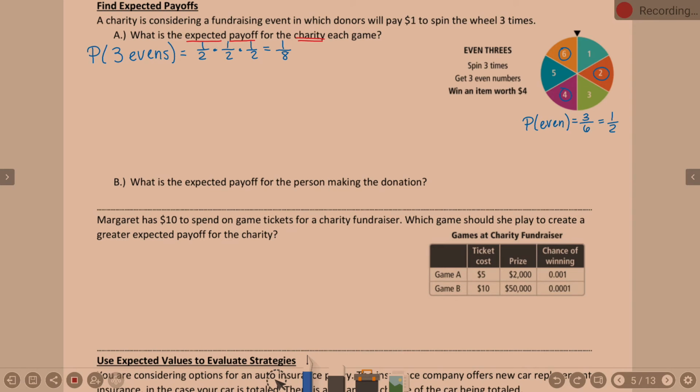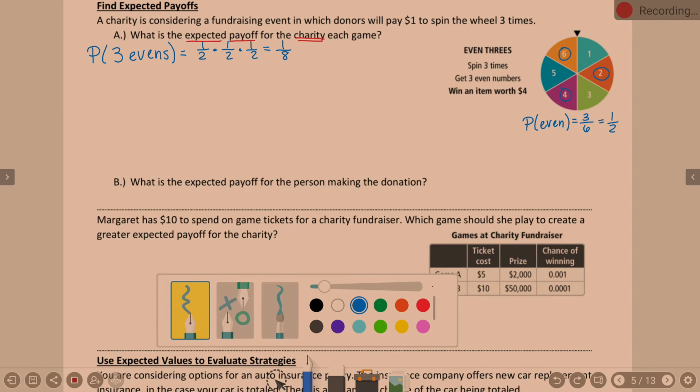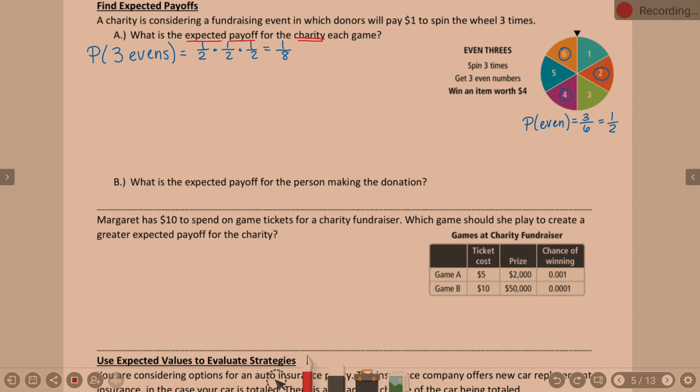Okay. So, let's see. I think I'm going to look at this of the probability of winning the game versus not winning the game. And then we'll turn this into the charity. Okay. And there's a couple different ways I can look at this. So I'm trying to decide best way to go about this. So what is the probability?